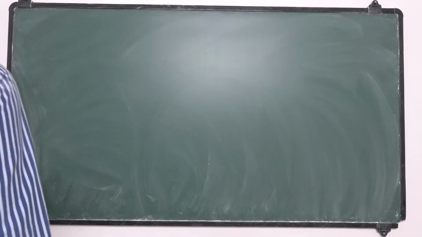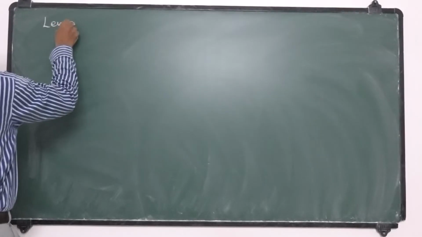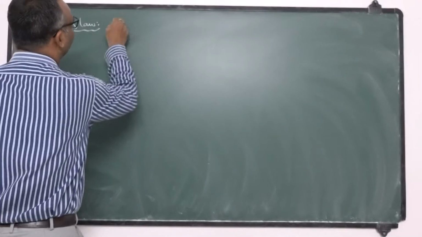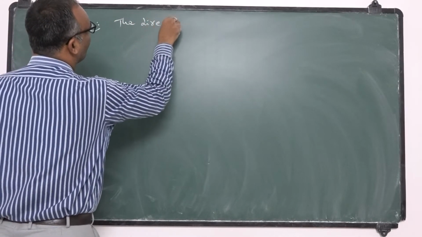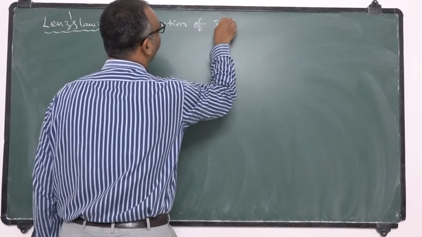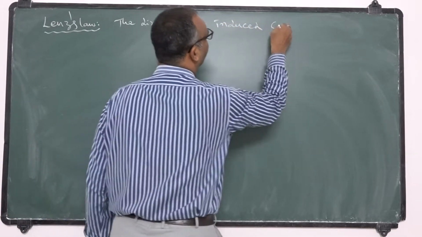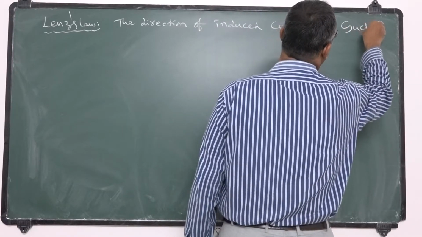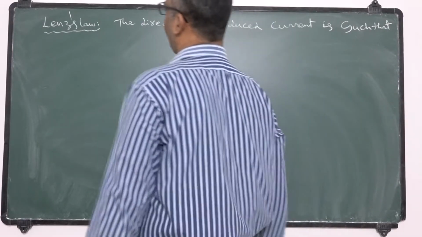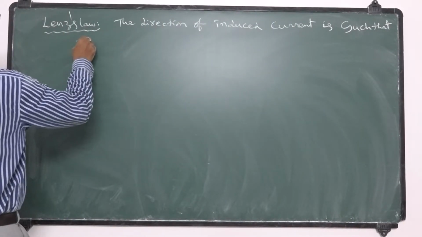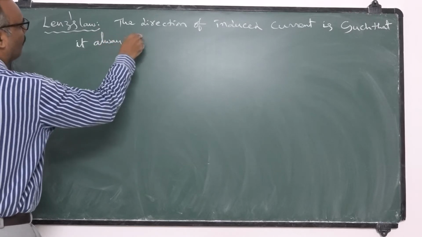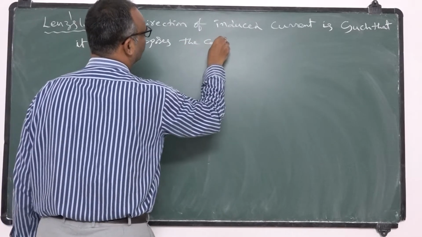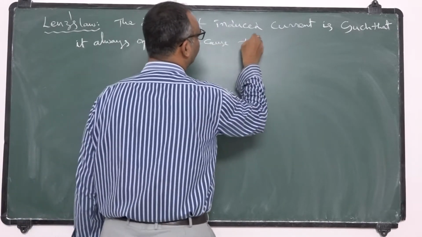Once again, we will revise Lenz's law. The direction of induced current is such that it always opposes the cause that produced it.